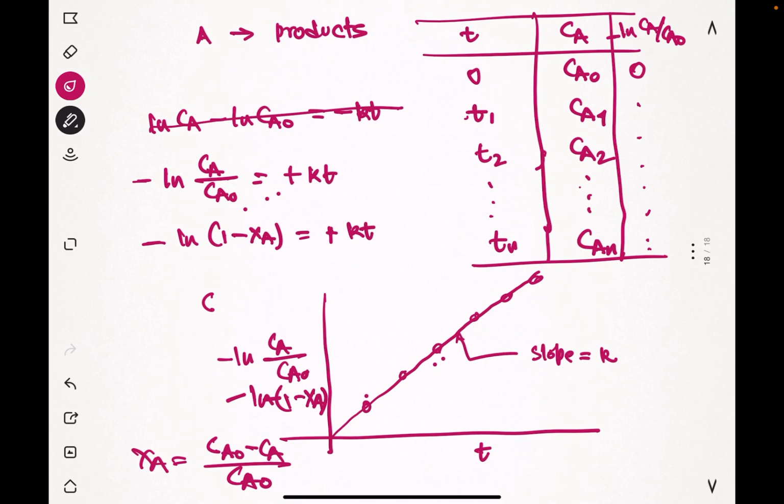So either will do. If our experimental data fits this straight line equation, then we can easily say that the reaction we are dealing with is a first order reaction.